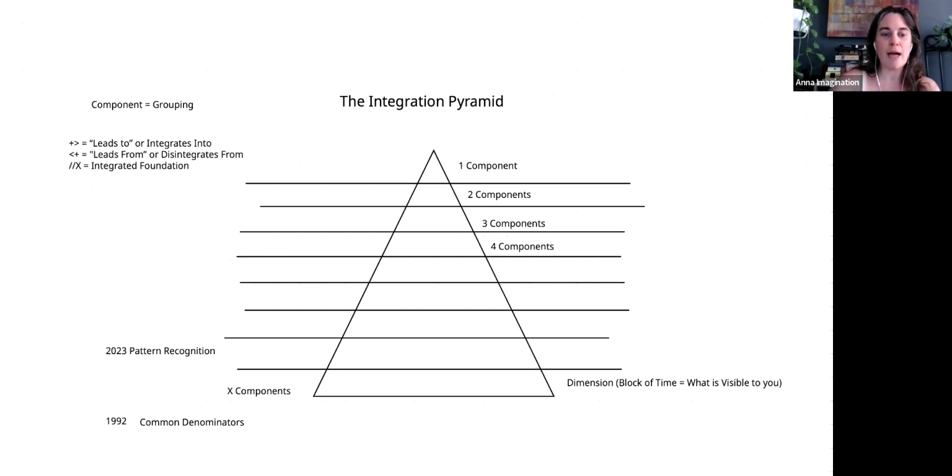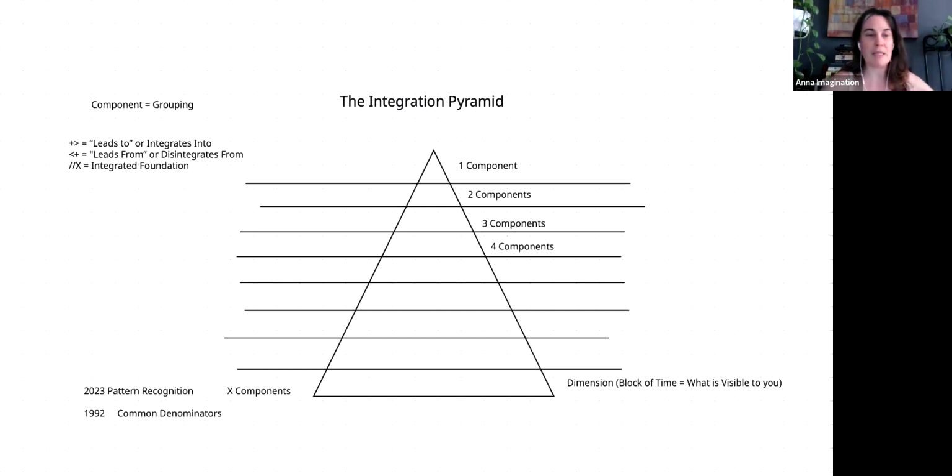By the way, this process is mental diversification. You take all the components, all the grouping, and you notice all the common denominators. You do the pattern recognition, and then you integrate all of the components. When you do that, you get a perspective shift, and you move to the next perspective shift.